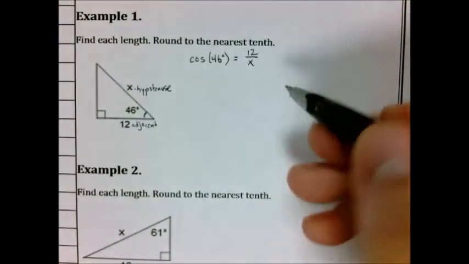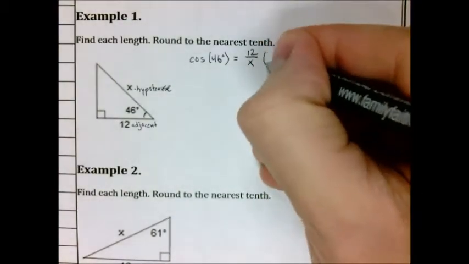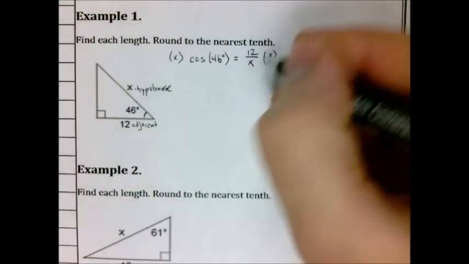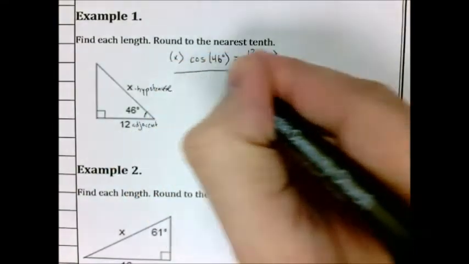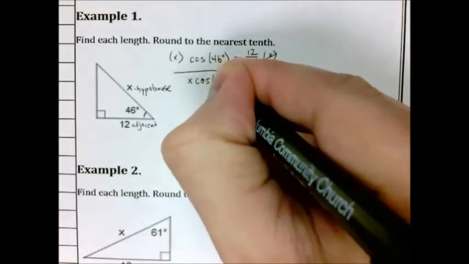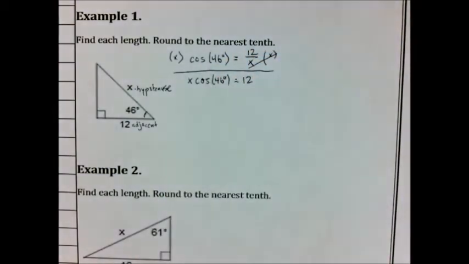And so what we need to do in order to get x by itself is we first need to get it in the numerator. And we can do that by multiplying by x on both sides. Because what happens is these cancel out, and I'm going to be left with x times the cosine of 46 degrees. Real quick, we're using cosine 46 as if any other number, as just a regular number. That's the exact same thing as if this was just 4 or something like that.